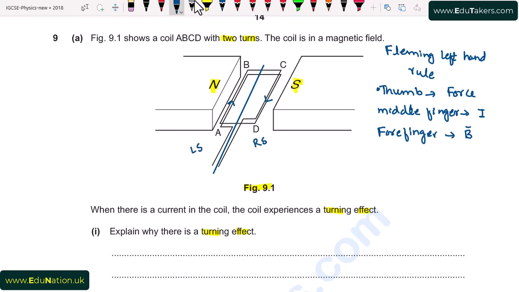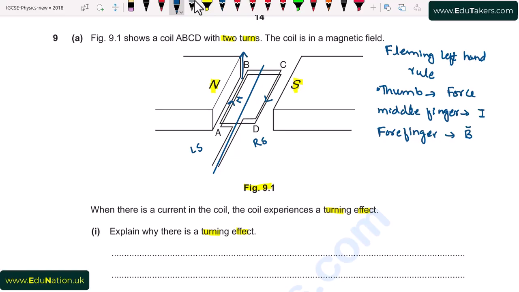On the left side we can see that the magnetic field is from north to south pole while the current is flowing in the upward direction. So when I apply Fleming's left hand rule, I see that the force on the left hand side will be in the upward direction. So it will be in this direction.